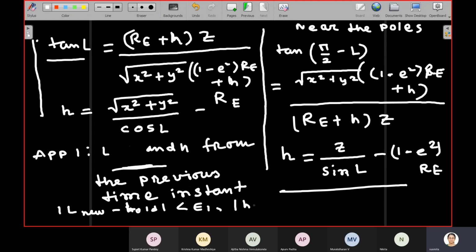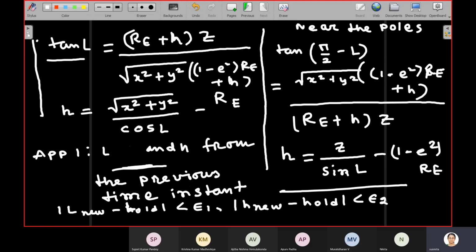This has to be done for both L and H. We pick a small value, for example, 1 times 10 to the power minus 4 or minus 5, which is the typical tolerance. If one wants higher accuracy, one can give 10 to the power minus 7, but sometimes it takes more time to converge when the tolerance is small. So the trade-off is to give some value around 10 to the power minus 5.